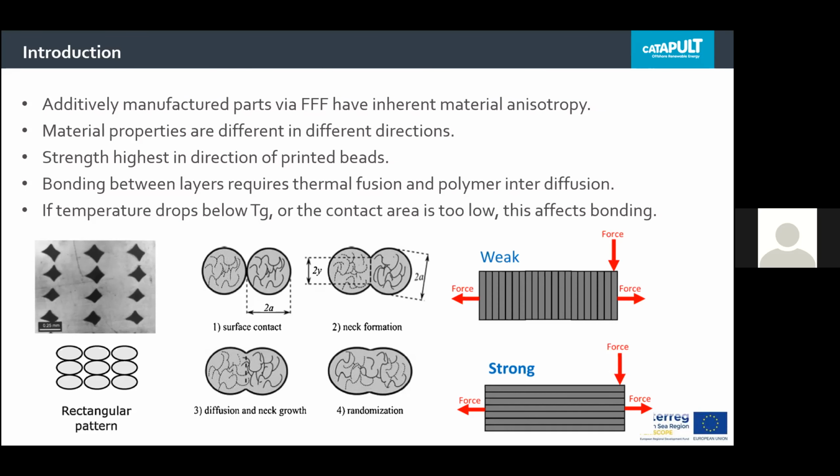The bonding between the layers requires intermolecular diffusion, thermal fusion and polymer interdiffusion. So you have the initial surface contact of the beads as they're being deposited by the extruder, and then the process of the coalescence of the beads takes place through neck formation, and then you get the diffusion of the polymer molecules in the melt.